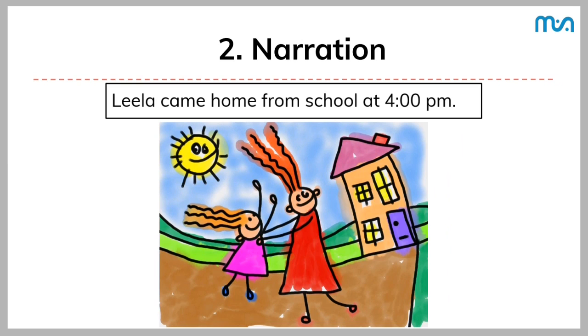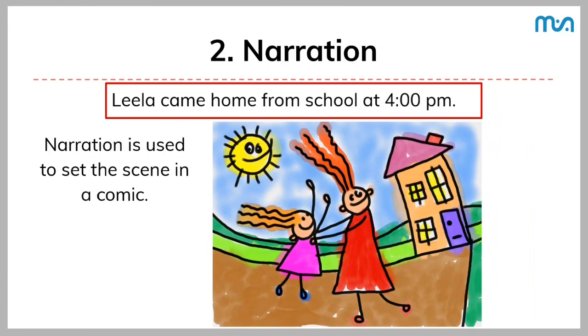It gives the clear idea of the story, where it happens, what is the situation, everything will be explained in the narration. So narration is used to set the scene in a comic. It sets the scene so that you could understand better.